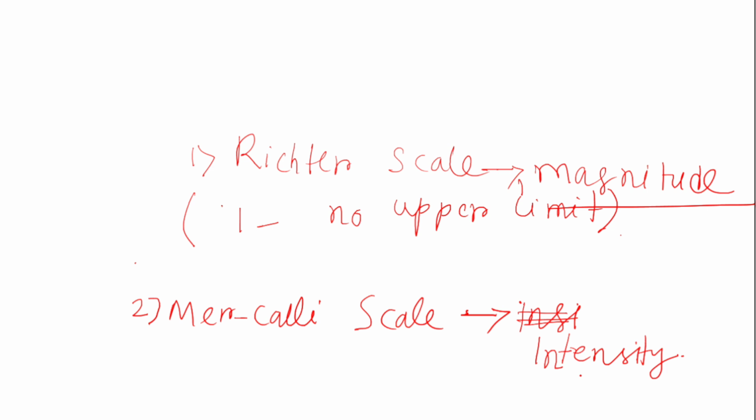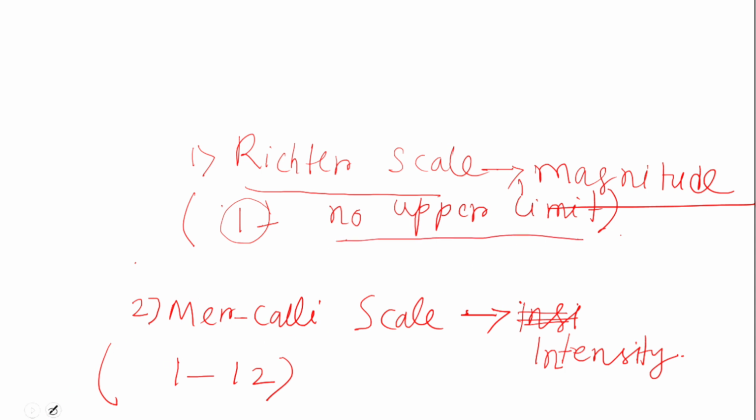So what does severity or intensity mean? It means the visible damage caused by the earthquake. In the Mercalli scale there is a range of 1 to 12, but in the case of the Richter scale, the range starts from 1 but there is no upper limit. So you have to remember this fact.